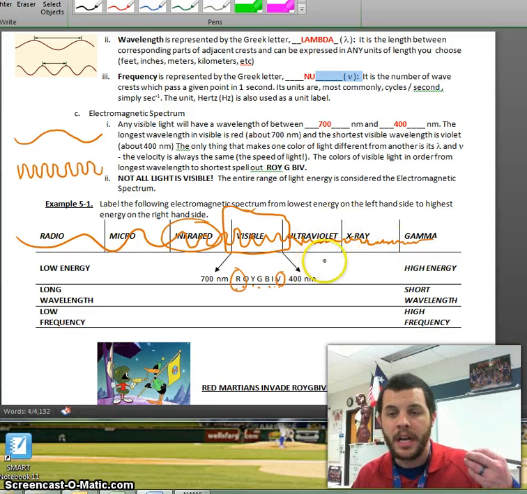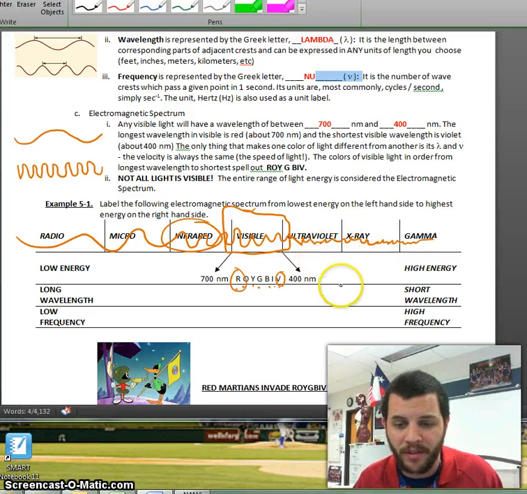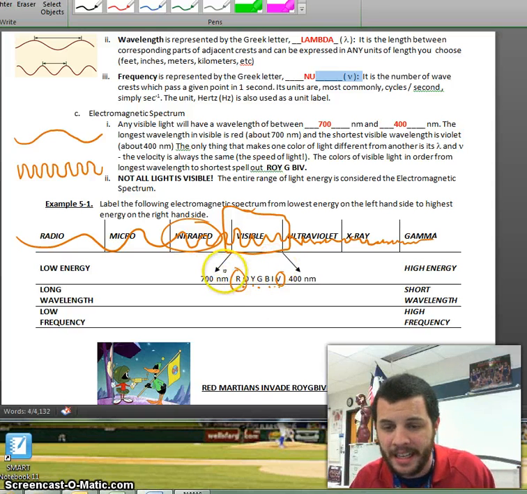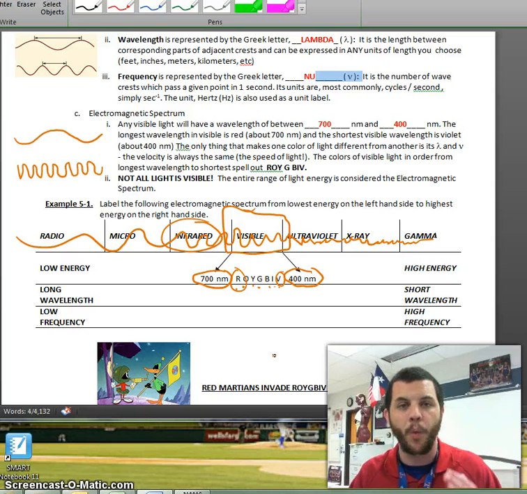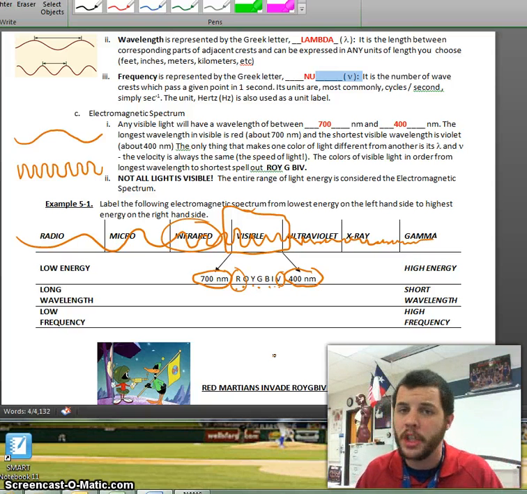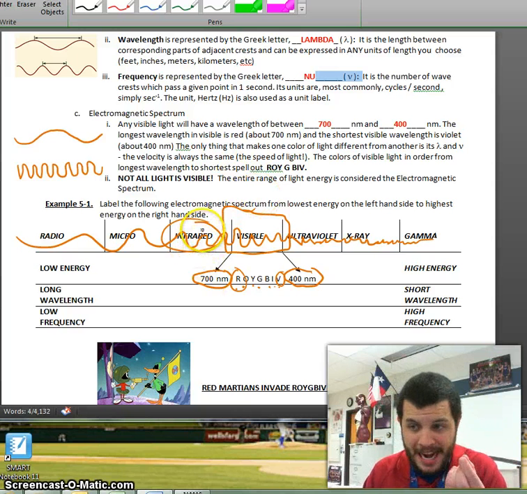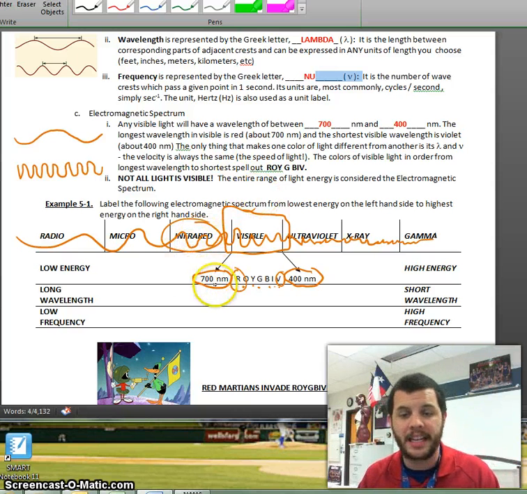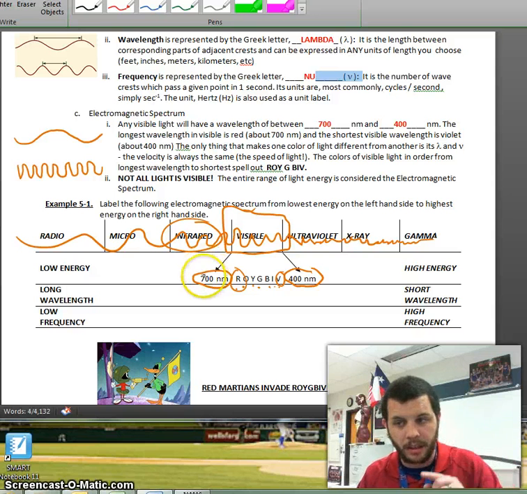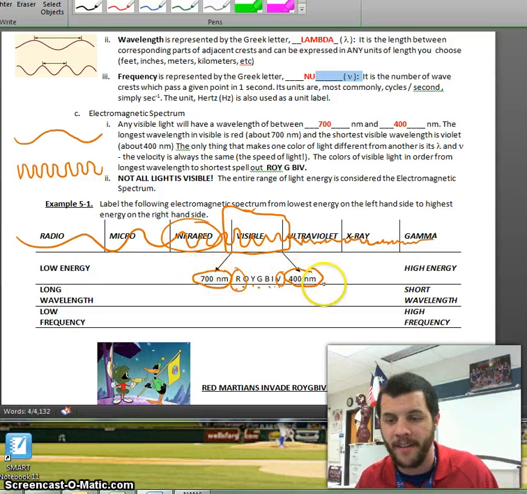Now, the actual wavelengths of these is red is 700 nanometers and violet is 400 nanometers, and all the other colors fall somewhere in between there in terms of their wavelength. So we're still talking about small lengths, okay, short lengths. We're talking about nanometers here, but red is going to release light at 700 nanometers, and violet's going to release light at 400 nanometers.